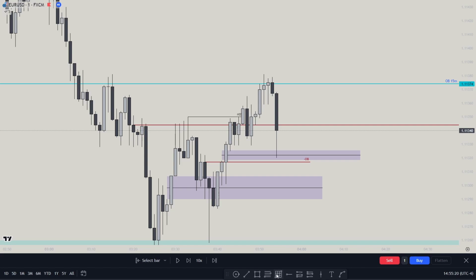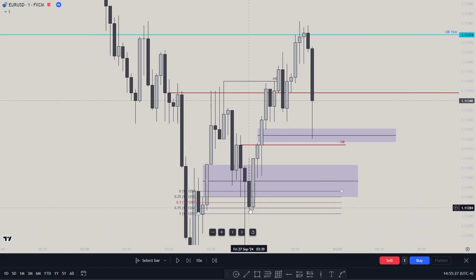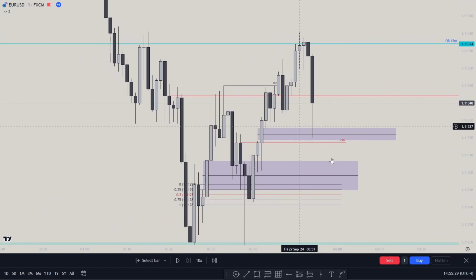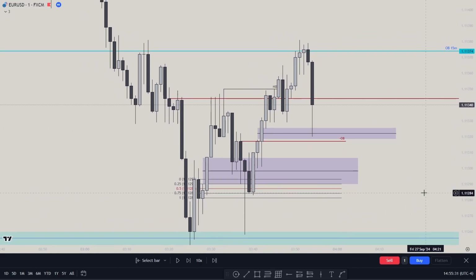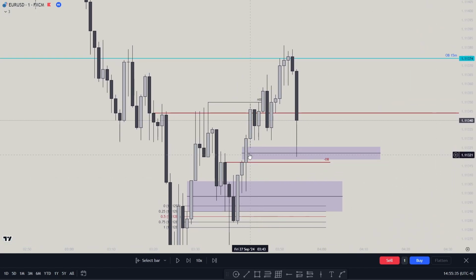The price came to this order block. You can see it went to the third quadrant and then it showed up. Now we also see that this fair value gap is still open, and the price went up and price came down to like be in a fair value price to tap it here.